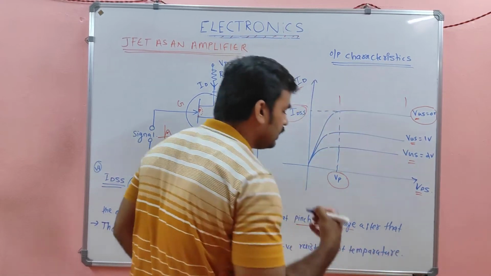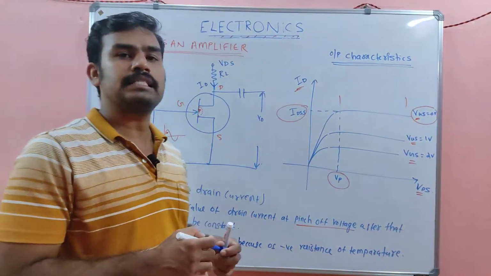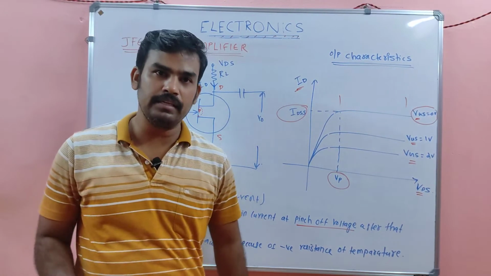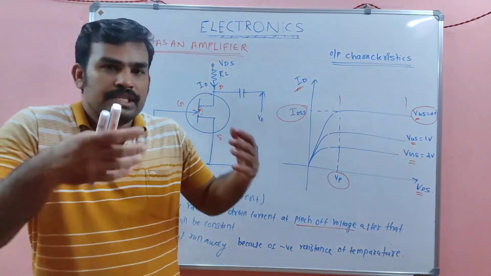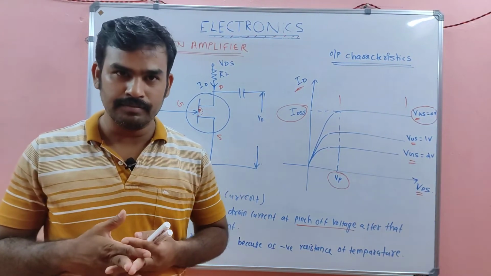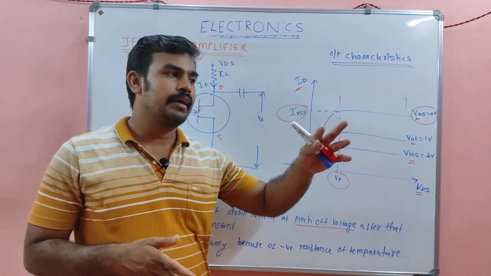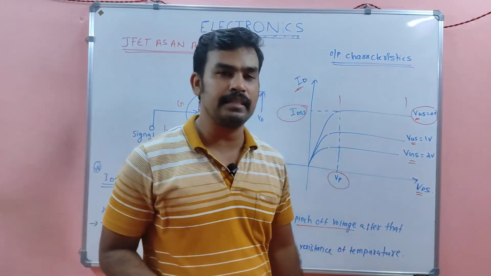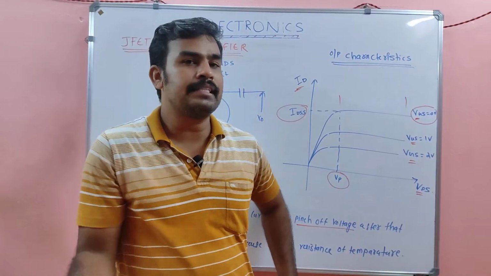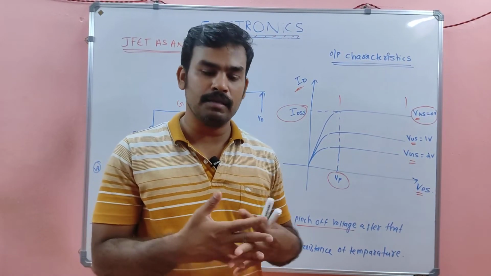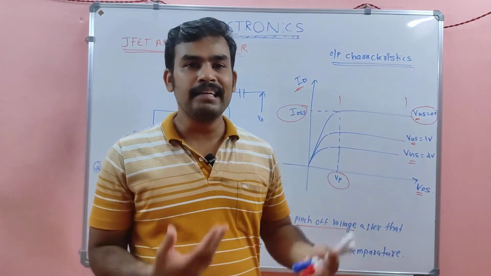That means whenever we increase the temperature, the resistance actually reduces in the JFET. Why is resistance increased in a conductor whenever we increase the temperature? More and more carriers will generate, and they will bombard again. The bombardment rate will increase.